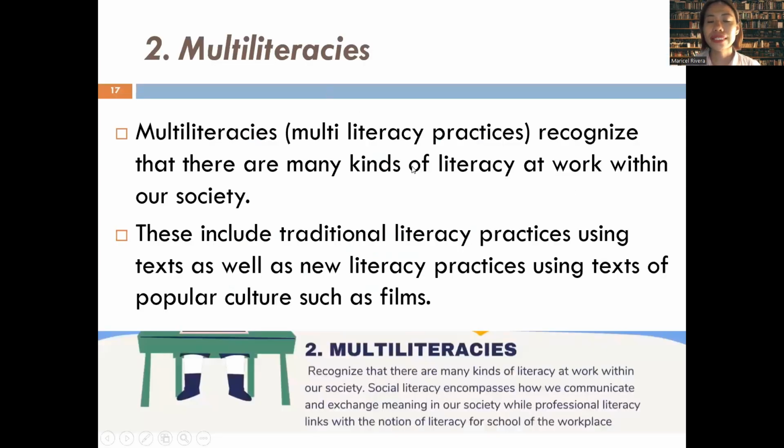So for multi-literacy practices, it recognizes, class, that there are many kinds of literacy at work within our society. These include traditional literacy practices using texts, as well as new literacy practices using texts of popular culture such as film. So we also make sure that our students are equipped with not only one literacy, but of course a lot, especially now, as the world in this 21st century has demanded so much already.